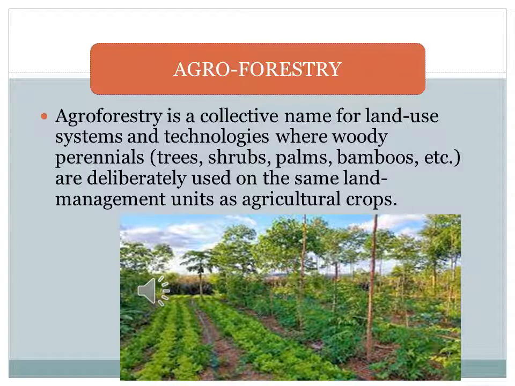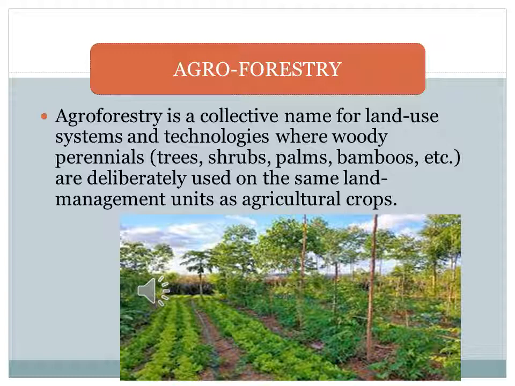Do you know what agroforestry is? Agroforestry is any sustainable land use system that maintains or increases total yield by combining food crops with tree crops and livestock on the same land, either alternately or at the same time.